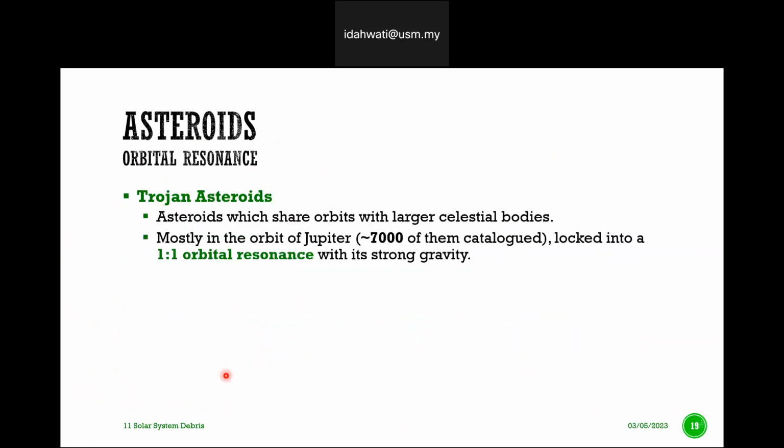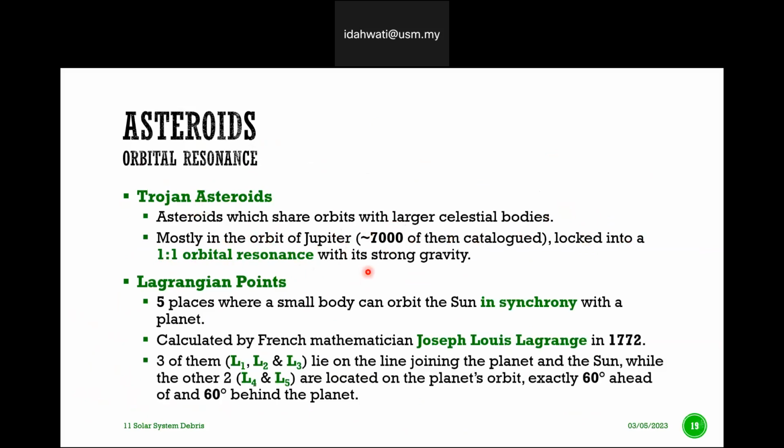Now is the orbital resonance. Okay, about the Trojan asteroids, which share orbits with larger celestial bodies, mostly in the orbit of Jupiter, locked into 1:1 orbital resonance with its strong gravity. Okay, and the Lagrangian points are 5 places where a small body can orbit the Sun in synchrony with a planet, calculated by the French mathematician, this guy.